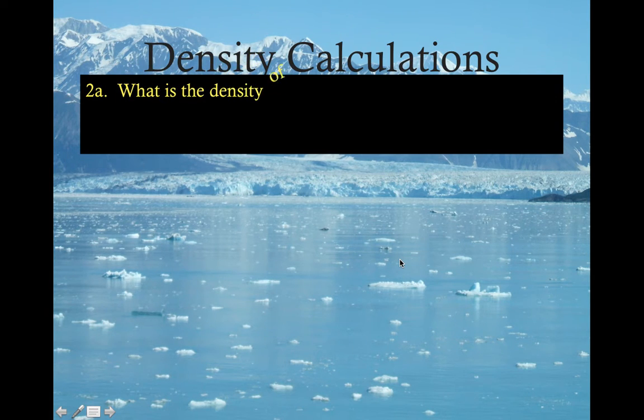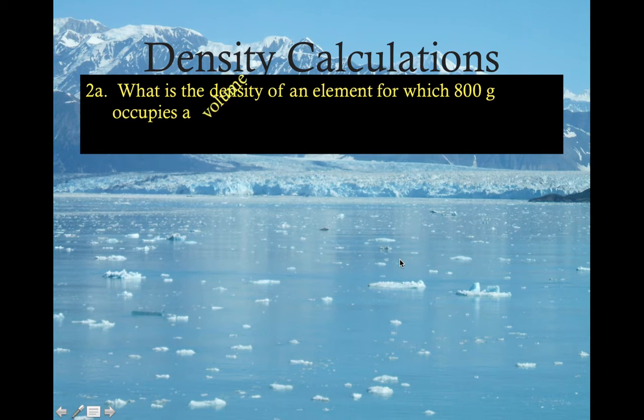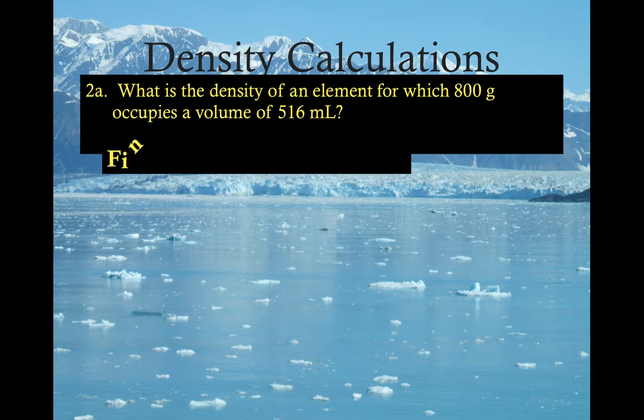Now, we're told this is an element. We're told we have a mass of 800 grams and a volume of 516 milliliters. It says we're after density, so we have to put in our density formula. Then we just simply have to plug in our numbers.